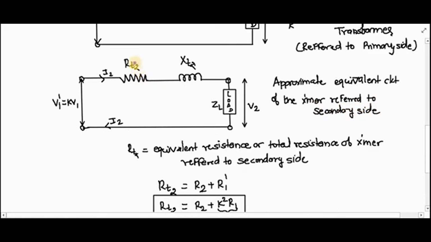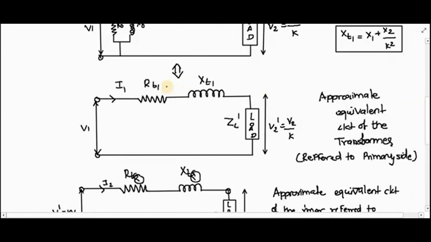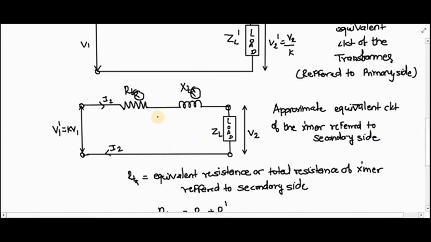Here 2 stands for refer to secondary. Here 1 stands for refer to the primary. Means this is the approximate equivalent circuit of the transformer refer to the primary side. This is the equivalent circuit of the transformer refer to the secondary side.